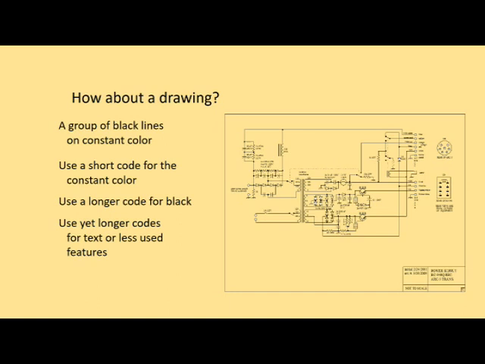If the drawing had other colors in it, it would make sense to sort out the pixels of different colors and how many there are of each, and assign the codes in increasing complexity accordingly. Yet longer codes for text or less used features could be applied to the drawing, and in this way save transmission.